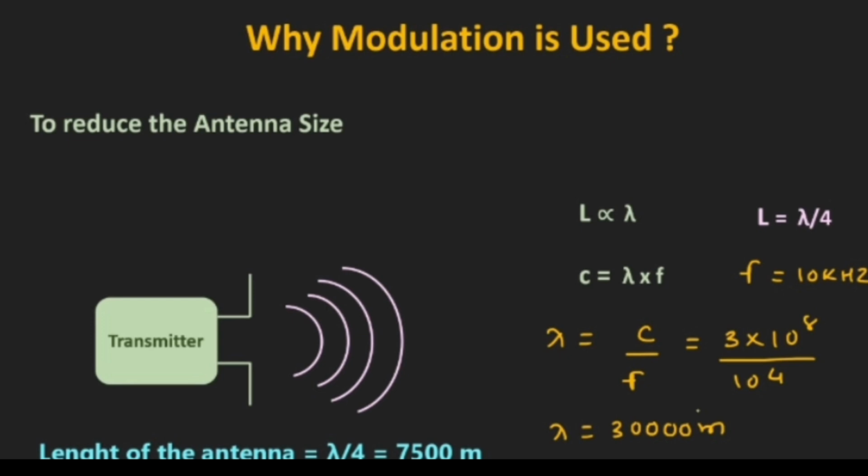Why is it that large? Because the frequency is low. When we combine the message signal and the carrier signal, the frequency of the combined signal increases, thereby reducing the length of the antenna.